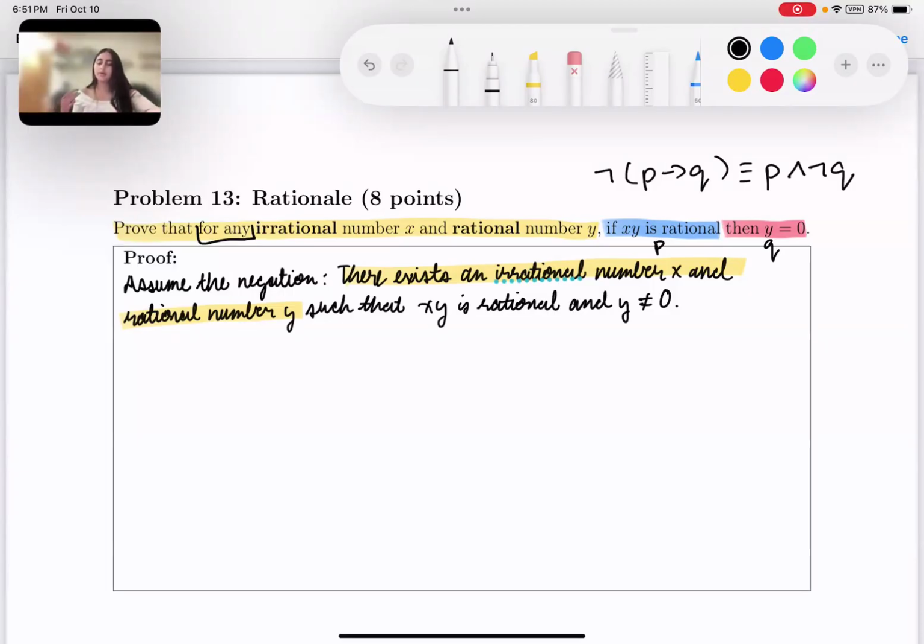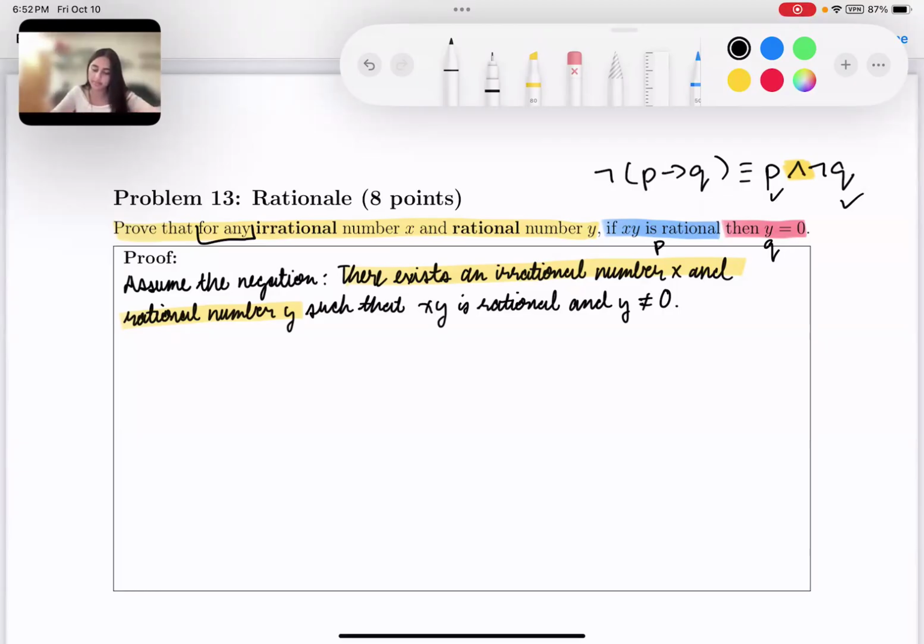Well, when we say if p then q, we say that if p is true, then q absolutely has to happen. But the negation of that would be to say that p does happen, but q doesn't happen. And this is happening at the same time.